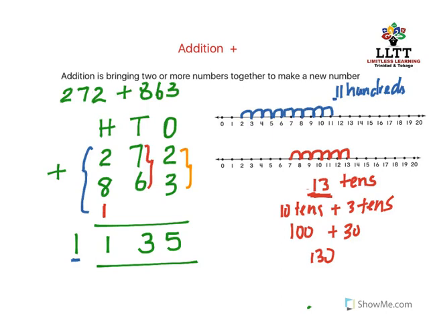And because of that, I now have to add another column that is thousands. So my final answer when adding 272 plus 863 is going to be 1,135.